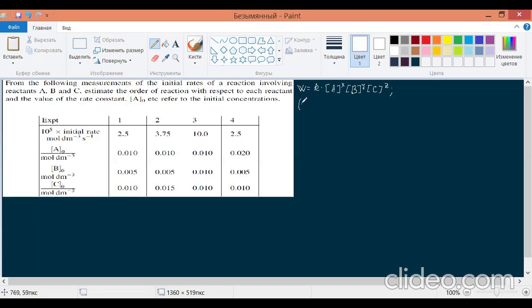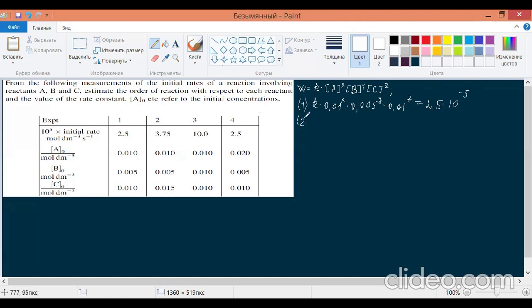For the first series, we can write that it is k times the concentration of A is this one. The concentration of B for experiment 1 is 0.005 raised to Y, and the concentration of C is 0.01 raised to Z, and the initial rate is equal to 2.1 times 10 raised to minus 5.